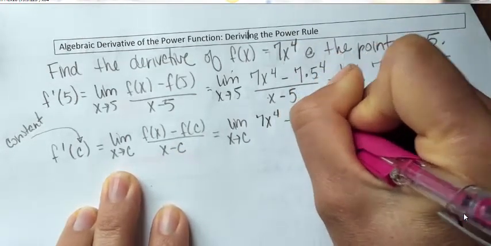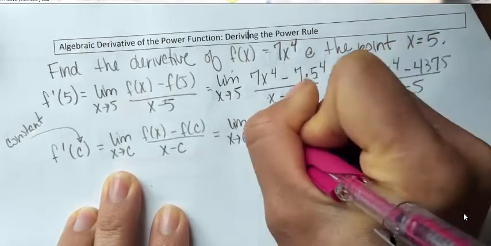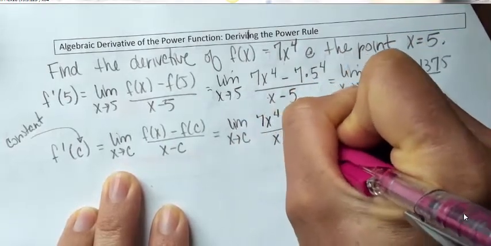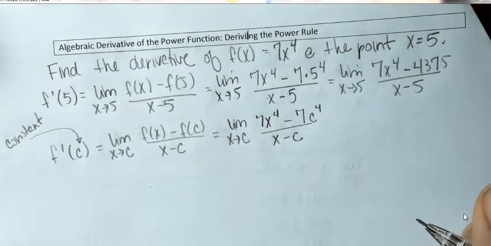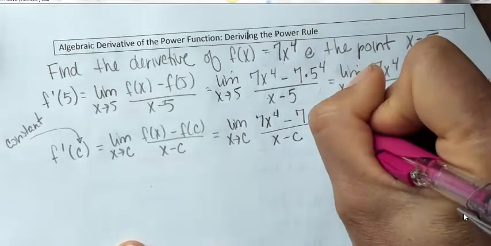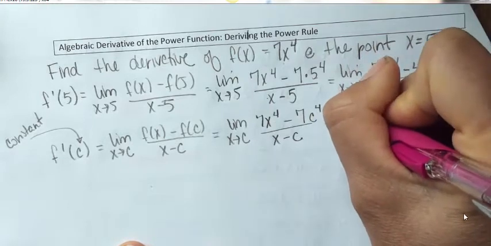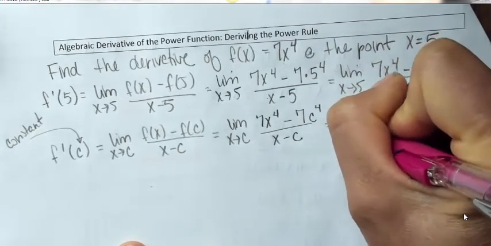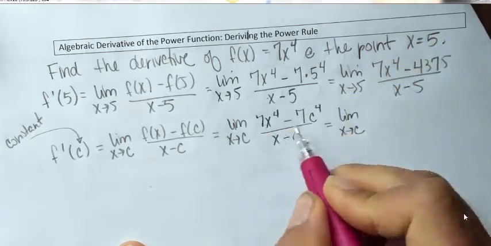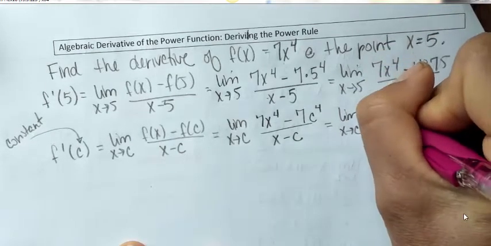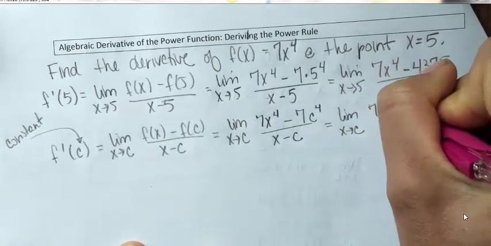So this will be 7 times c to the 4th, all over x minus c. I'll simplify this a little bit to make it easier. So the limit as x approaches c, in the numerator we've got a 7, which is a common factor. I'll factor that out.